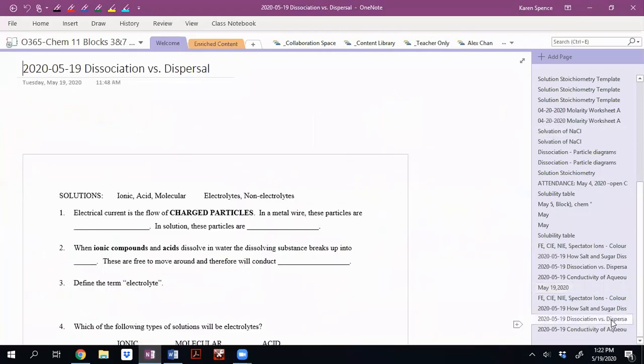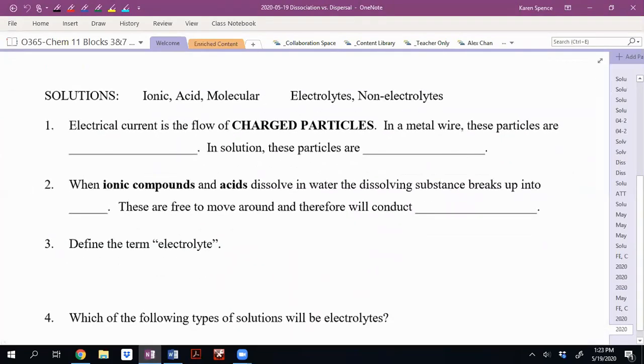Okay, so we're going to now take a look at this here. Electrical current is the flow of charged particles. Now, in a metal wire, what are the charged particles that are moving?